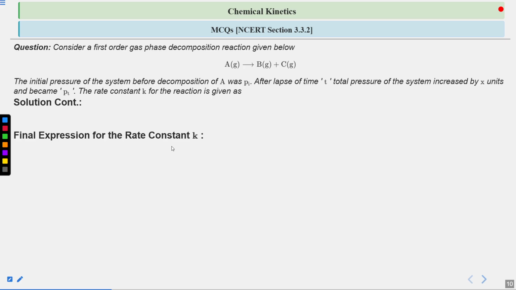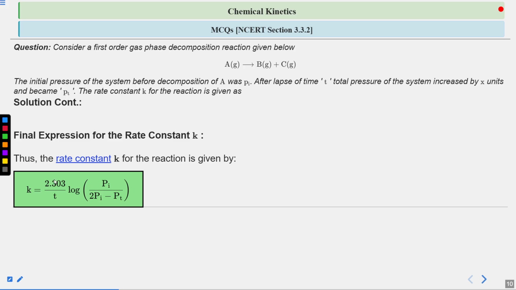Now, the final expression for the rate constant k: the rate constant k for the reaction is given by k is equal to 2.303 divided by t log of p initial upon 2p initial minus pt. p initial is the initial pressure and pt is the total pressure.